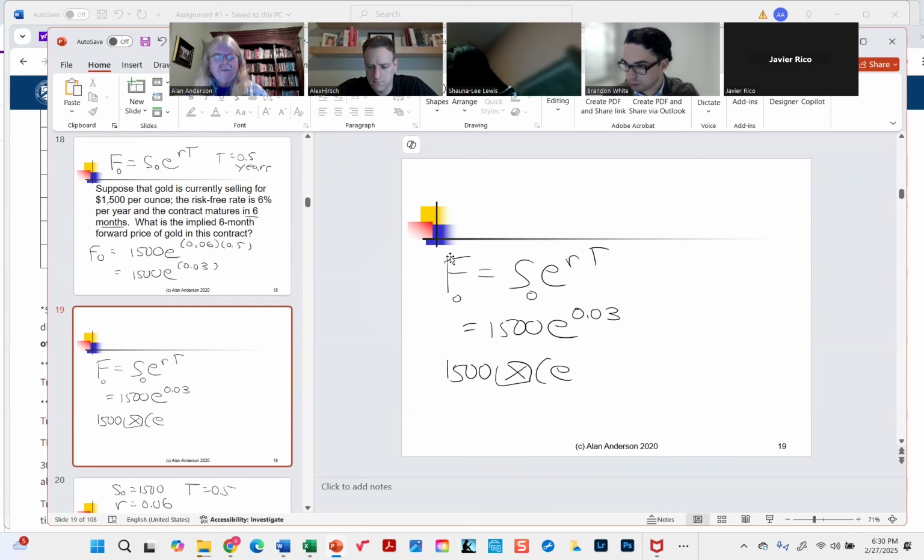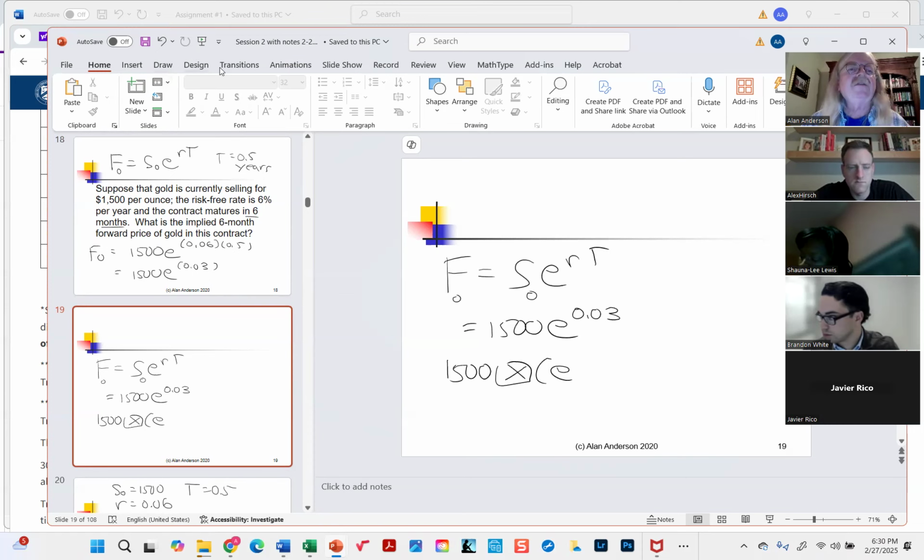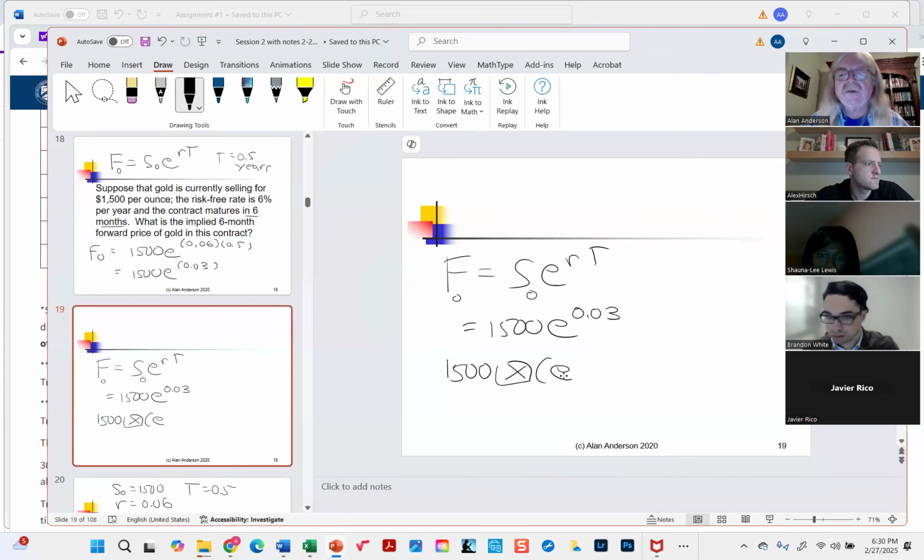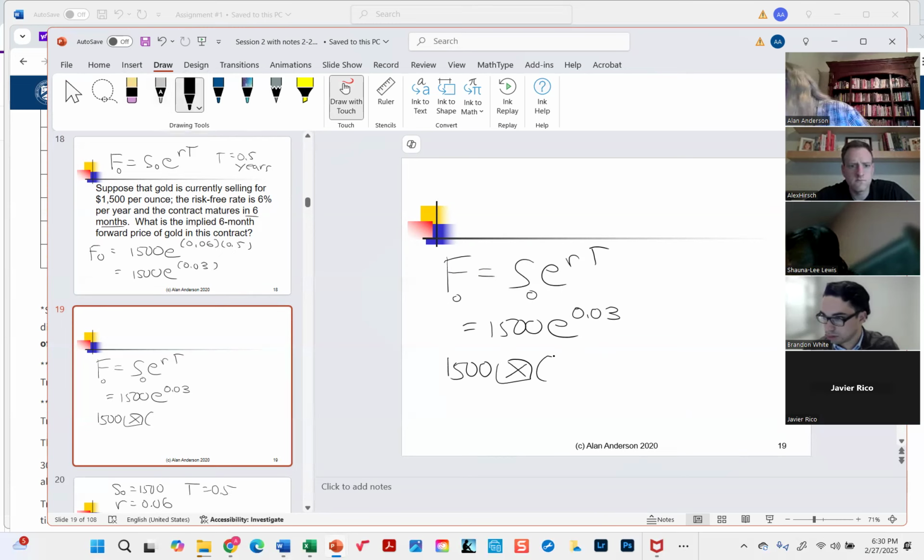Now, every calculator is a little bit different. Oh, okay. Sorry. I just realized I'm more used to the TI-84. So I have goofed. Let me show you what you have to do instead. For this calculator, for some reason, you have to type the 0.03 first.